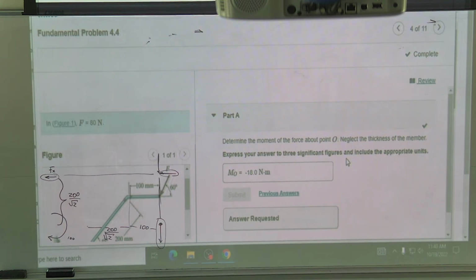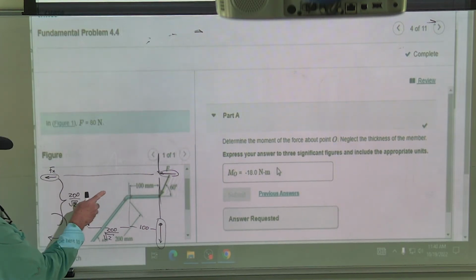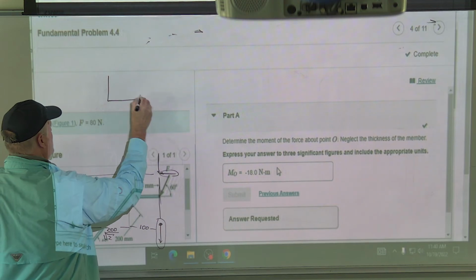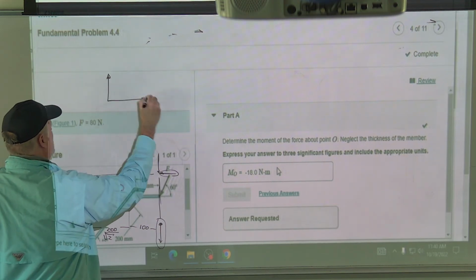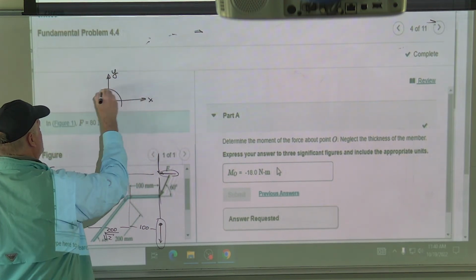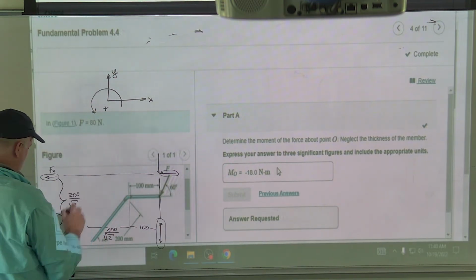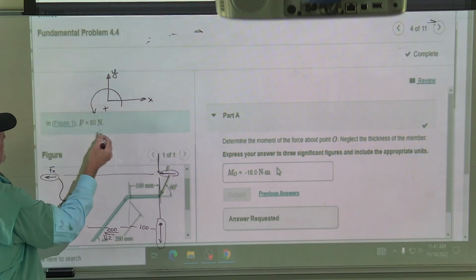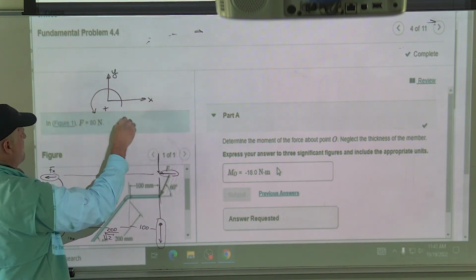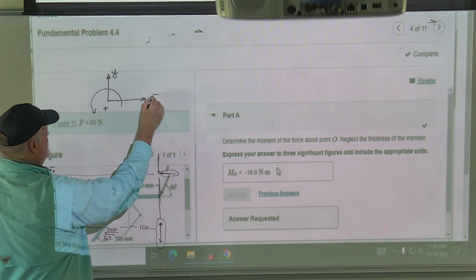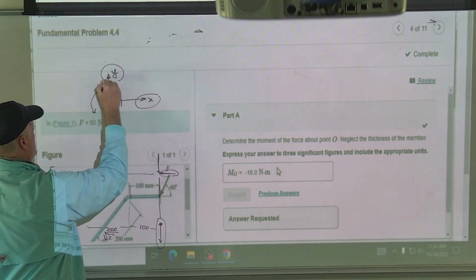So my question would be, and I see this, he's put in a minus. So my question is, is he assuming this throughout? And if he is, that's okay, because this is legitimate. From a mathematical viewpoint, a moment that is counterclockwise is in fact positive, because we always draw the x this way and the y that way.